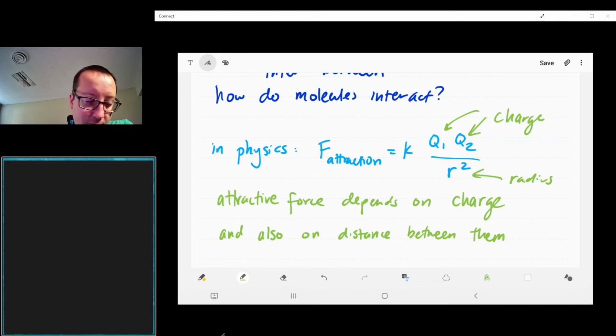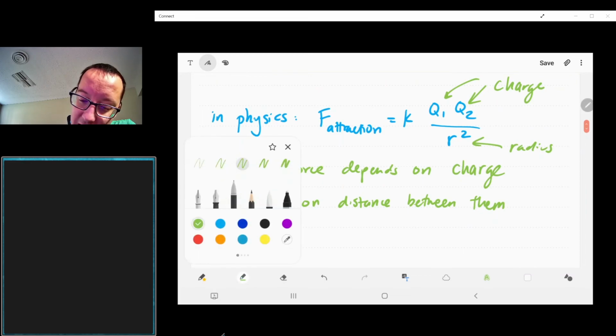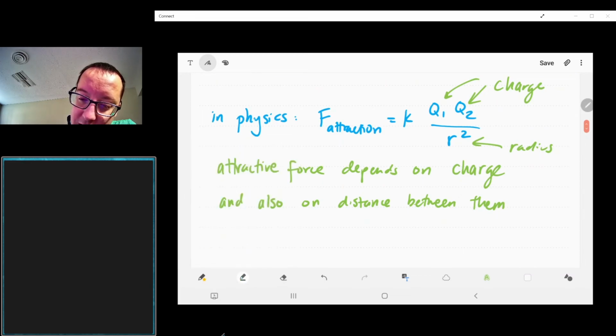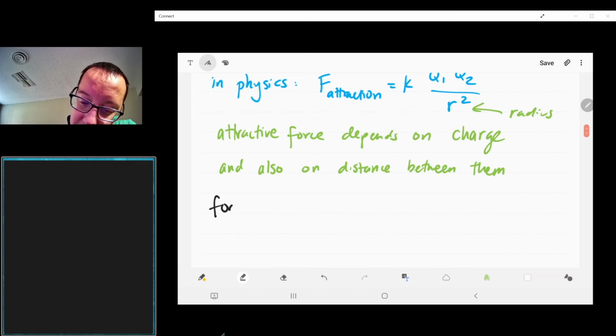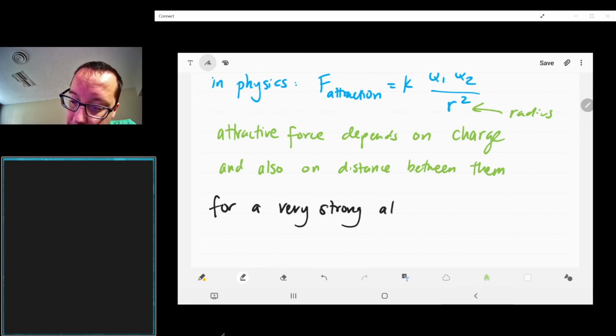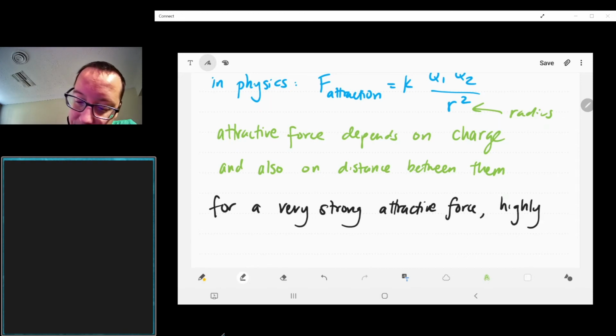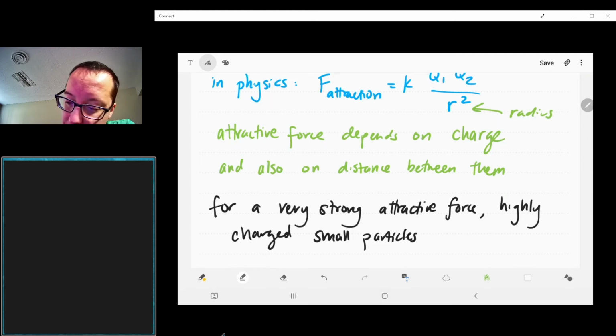So ideally, what we would have for a very strong attractive force is highly charged, small particles. That's what you're looking for if you want to maximize your attractive force.